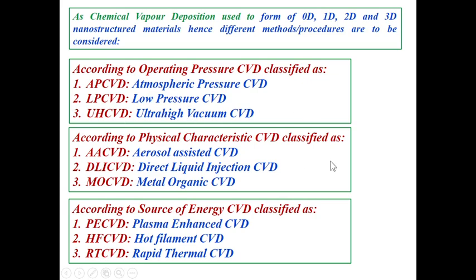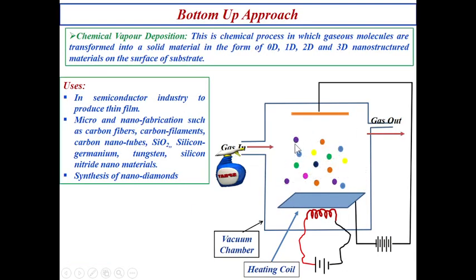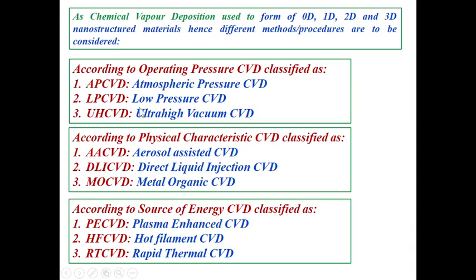If the chamber maintains atmospheric pressure, it is called APCVD. If the chamber maintains low pressure, it is called LPCVD. If the chamber maintains very high vacuum, it is called UHCVD, ultra high vacuum.